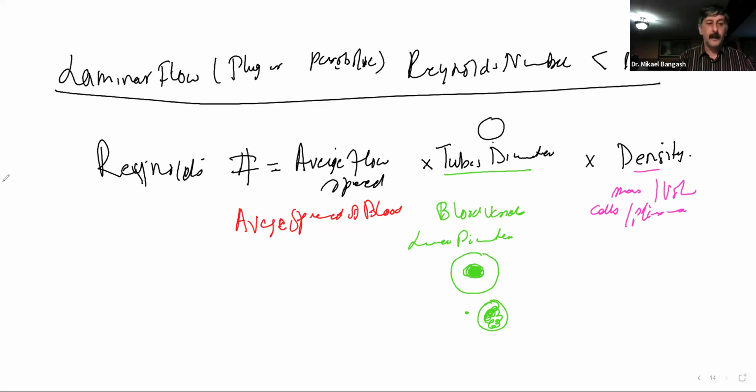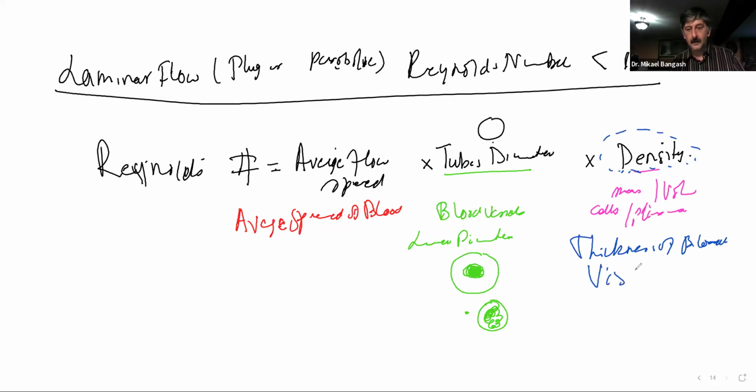Later on, not today, or most likely tomorrow, we may refer to this density here as the thickness of blood, or more likely the viscosity of blood.